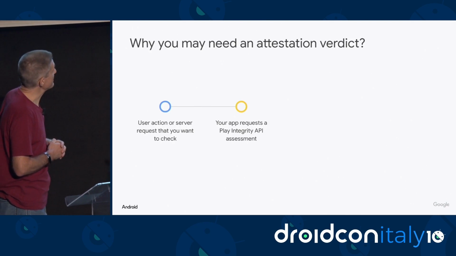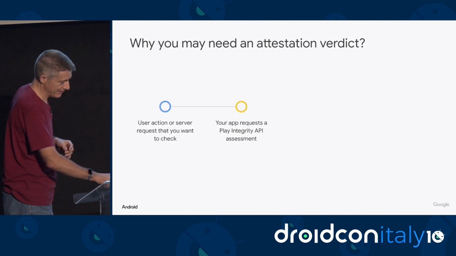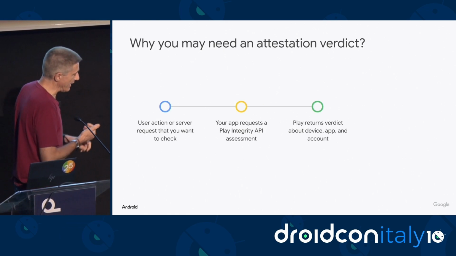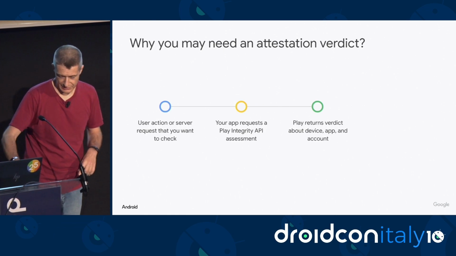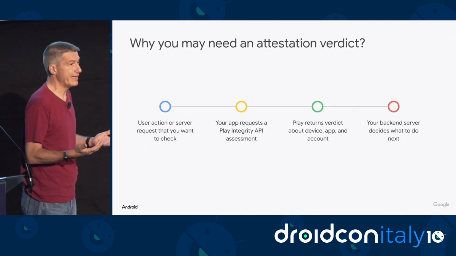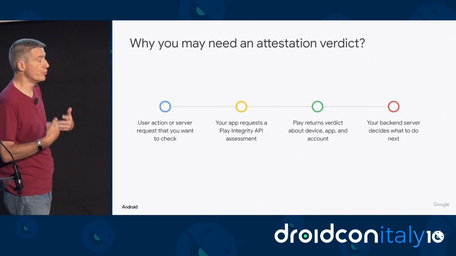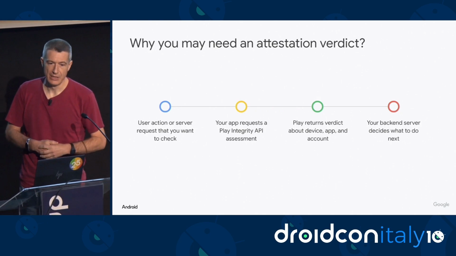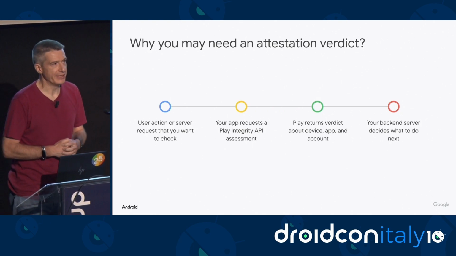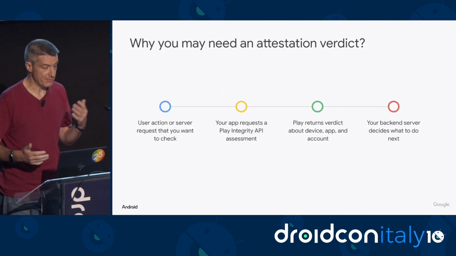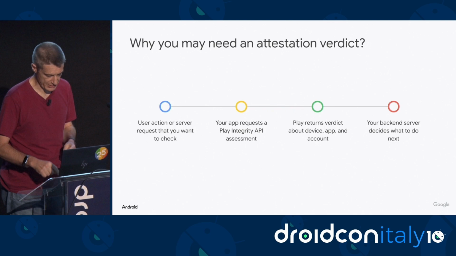Your application requests a Play Integrity API assessment. Play returns a verdict about the device, the application, and the account. And everybody is happy. Your backend can decide if this can move forward, so I do the transaction, or if there is some doubt on the veracity and the integrity of this request, and maybe do a challenge for the user.